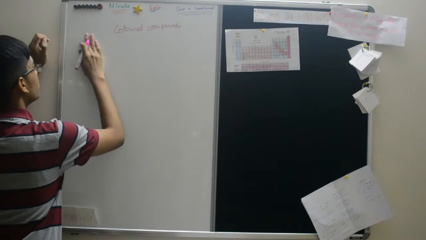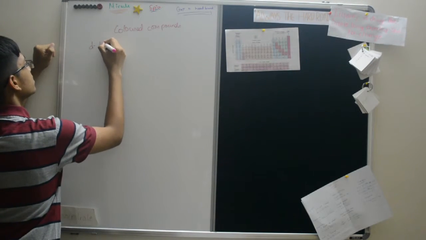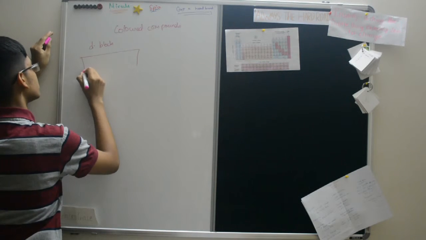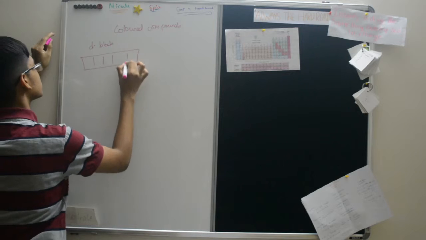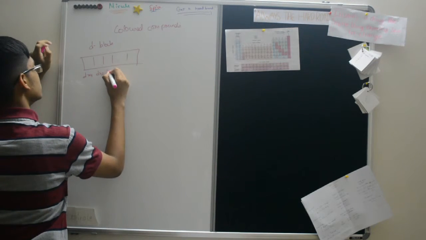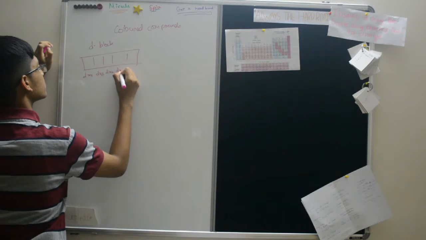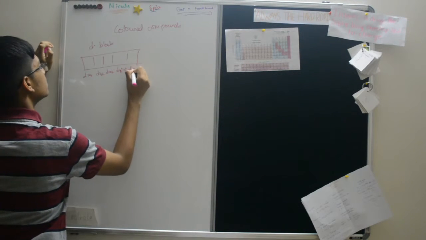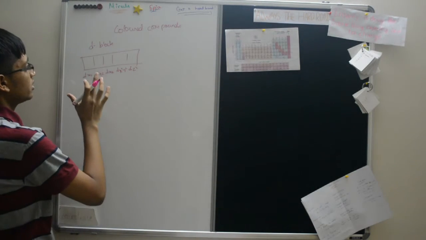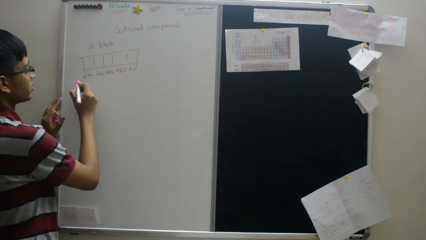Now in the case of D block elements, it's a little different. In the D block, you know that there are 5 orbitals: dxy, dyz, dxz, dx square minus y square and dz square. Now we can divide these orbitals into two forms.